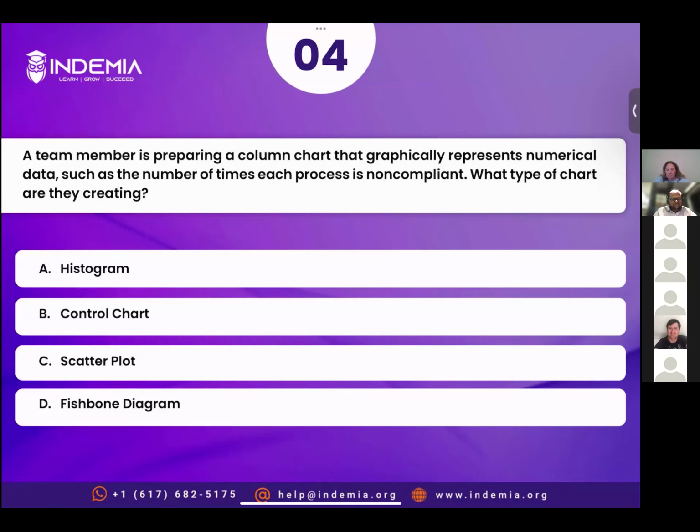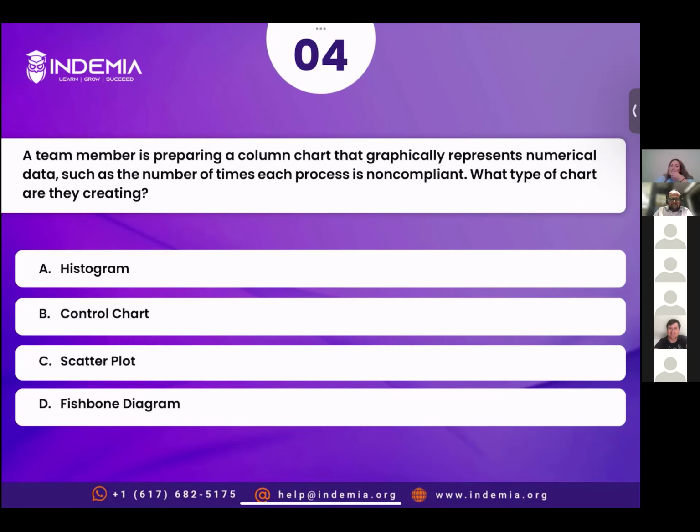It's just presenting a column chart that graphically represents numericals. It couldn't be C because scatter plots are just dots, right? Fishbone diagrams are more like cause and effect, I think. I might be wrong, but that's why I chose A.